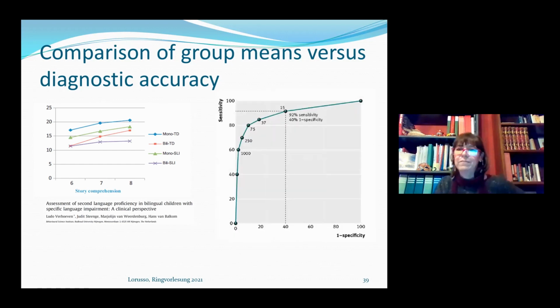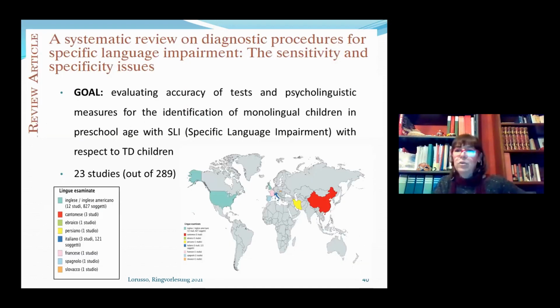We need to have this kind of information that we saw before, which is the ROC curve, saying how many of the children or of the individuals in that group would be correctly diagnosed by using that measure. And I can tell you that studies with these characteristics are extremely few, extremely rare.